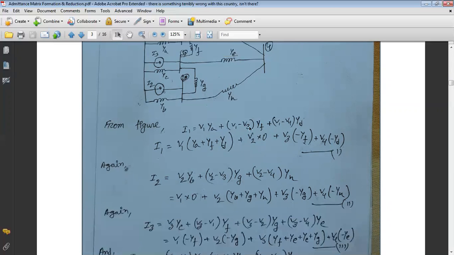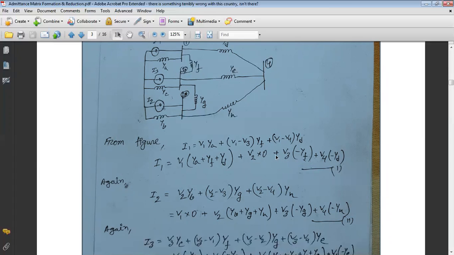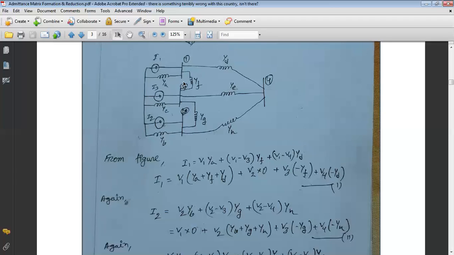So the coefficient of V2 should be 0, because V2 is absent in the above equation. The coefficient of V3 is minus YF, and the coefficient of V4 is minus YD. So this is equation number 1, the nodal equation for bus 1.